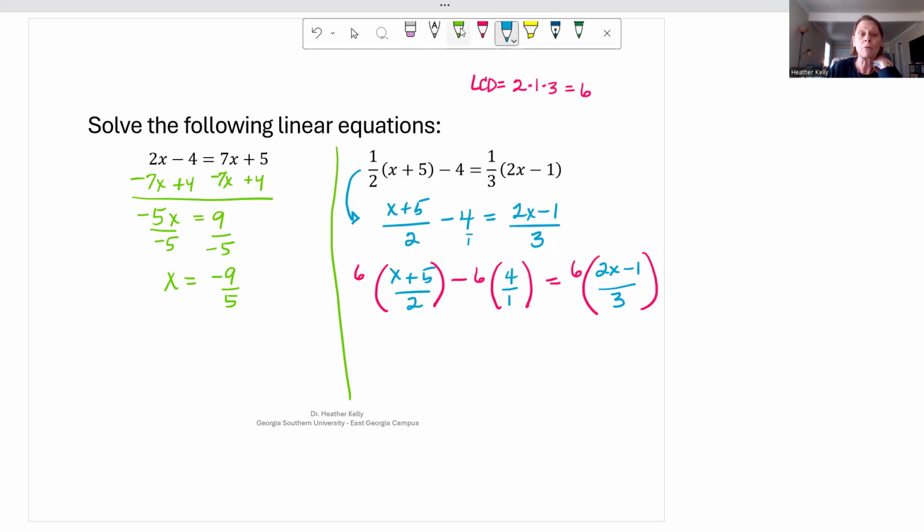And then I'm going to clear out the fractions. And look, if your fractions don't go away, you screwed up on your LCD, right? And then that cleans up to this problem now.